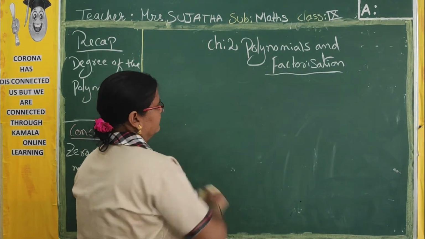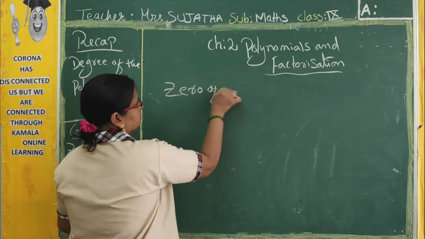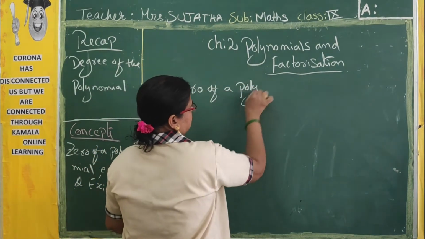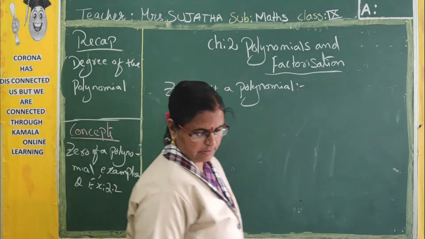First, the definition of zero of a polynomial.